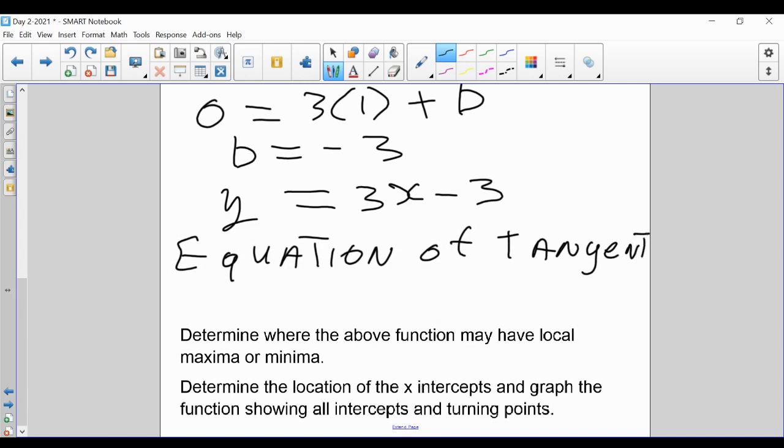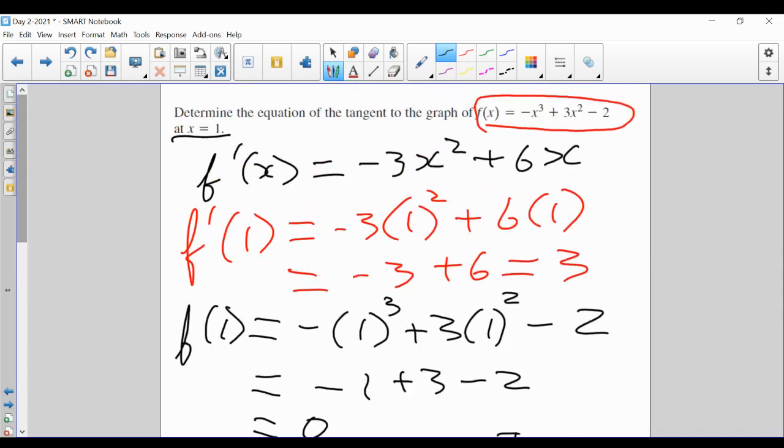Now, determine where the above function may have local maxima or minima. Let me think about this for a second. The original function is a cubic function, minus x cubed plus 3x squared minus 2.